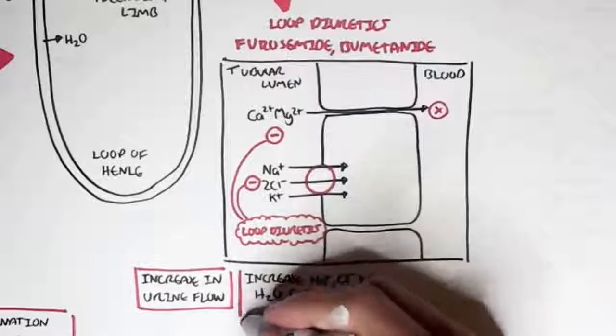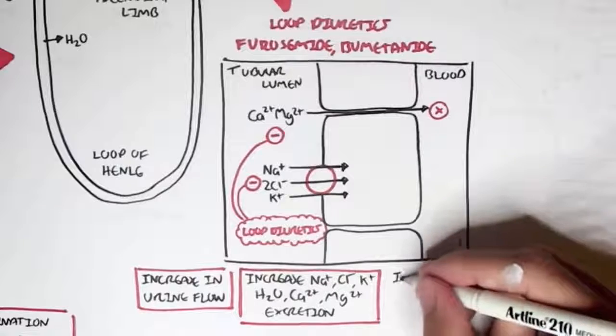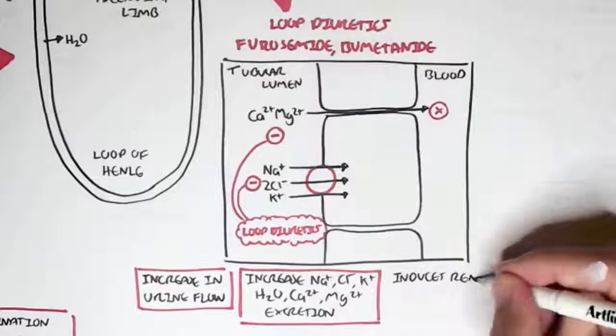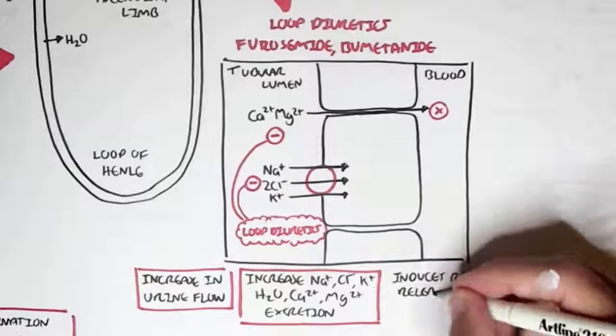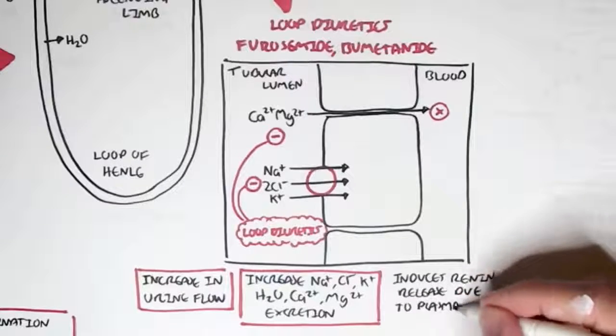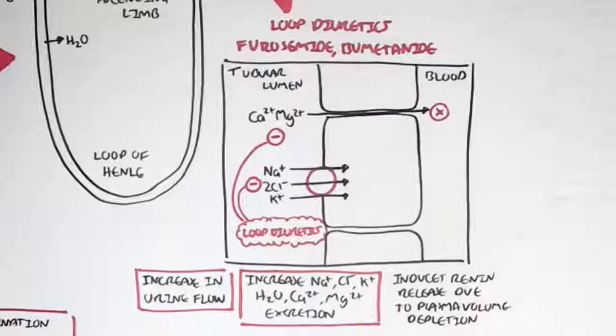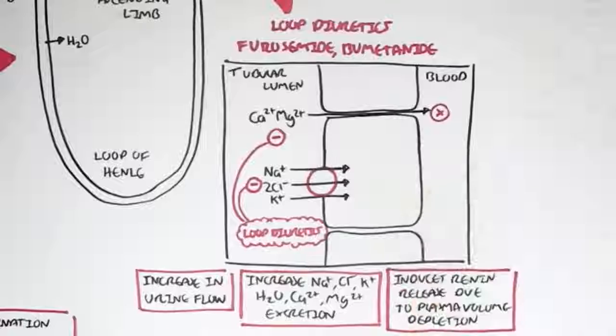Because it increases the excretion of these substances, it will decrease the plasma volume, right? And thus, loop diuretics can actually induce renin release due to the plasma volume depletion. And renin, as you know, will want to increase blood pressure.